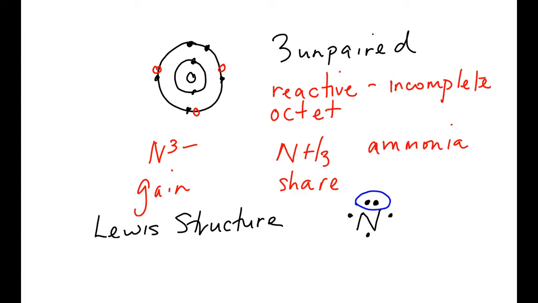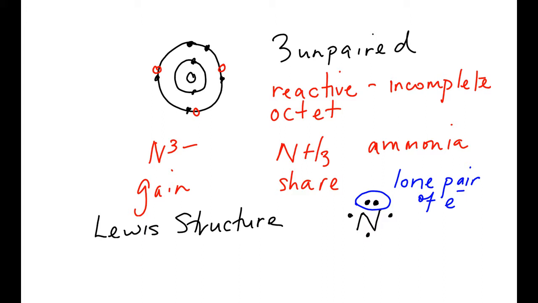This has a special name. This is called a lone pair of electrons. Usually these are non-bonding pairs of electrons. Electrons want to be in twos, always. They want to have a partner.